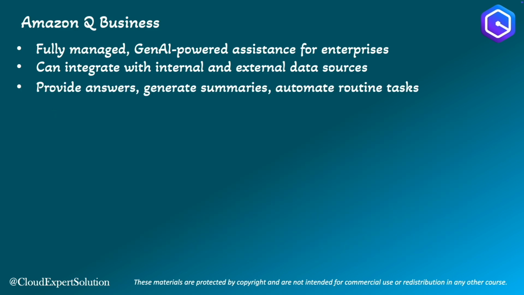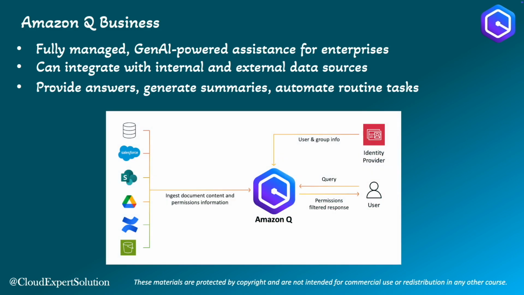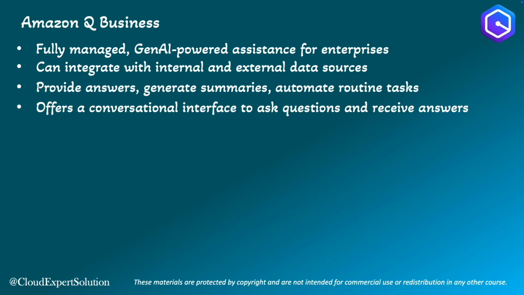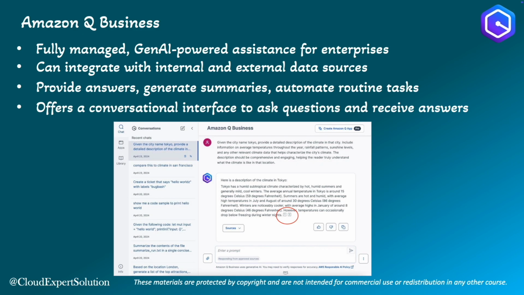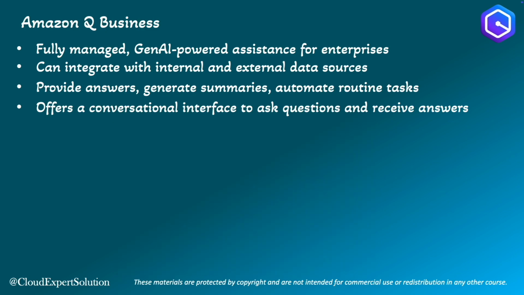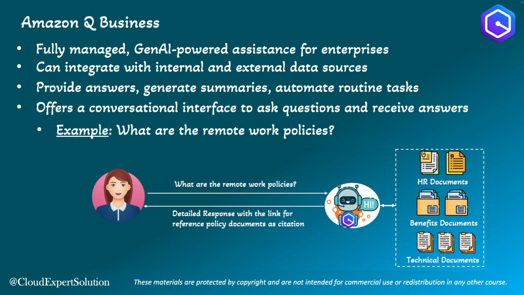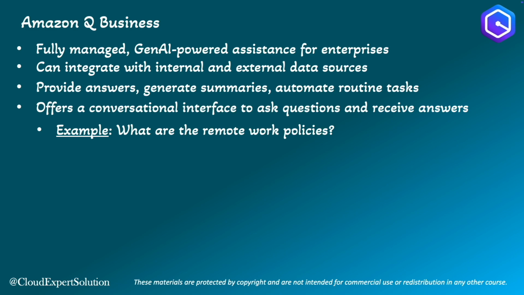Amazon Q Business can quickly provide answers, generate summaries, and even automate routine tasks as we discussed, like submitting time off requests. Amazon Q Business offers a conversational interface and it will allow users to ask questions and receive comprehensive answers with citations. As an example, an employee can ask, "What are the remote work policies?" and they will receive a detailed response with links to the relevant documentation.